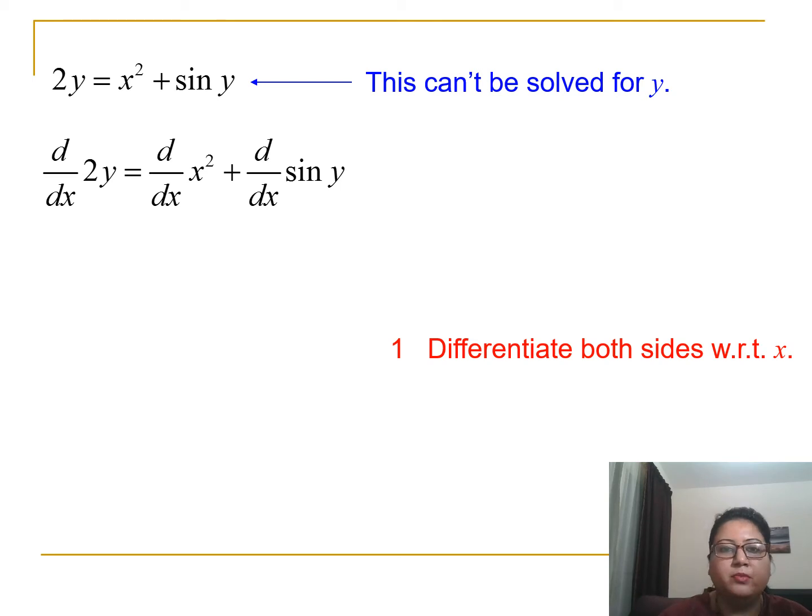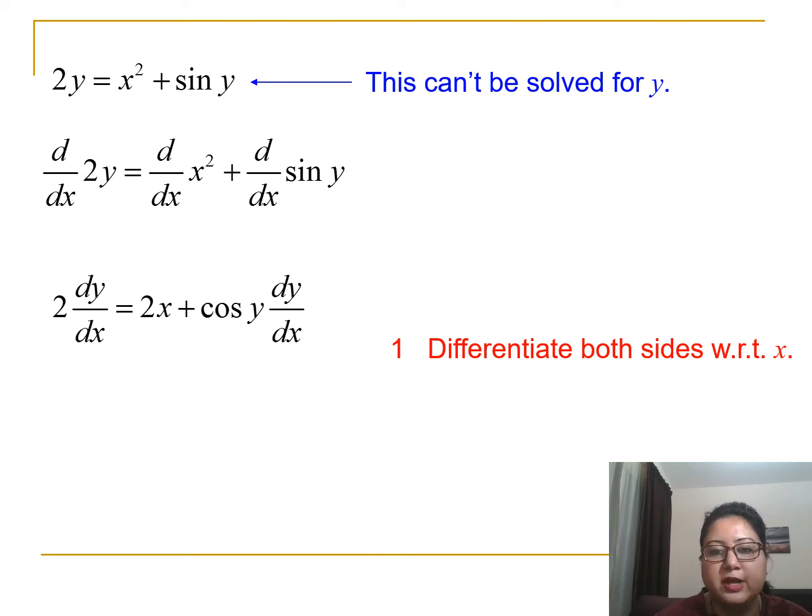So let's do the differentiation of individual terms. So d by dx of x square, you do the power rule here. And d by dx of sine y, so you apply the trigonometric derivative. And if you have watched my last video where I gave you the recall of all the important rules, it will be easy to understand that we have to do the derivative and it will come out to be cos y dy by dx.